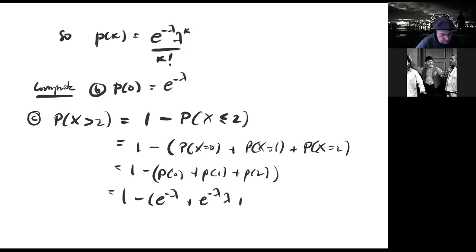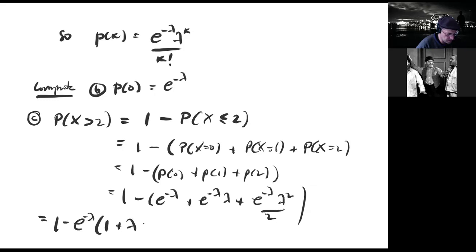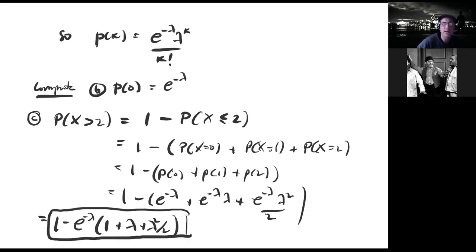And then p of 2 is given by e to the minus lambda, lambda squared over 2 factorial, but 2 factorial is 2. So you can rewrite this as 1 minus e to the minus lambda times 1 plus lambda plus lambda squared over 2. And that's the answer. Okay.